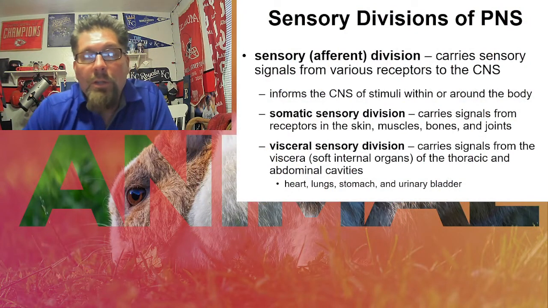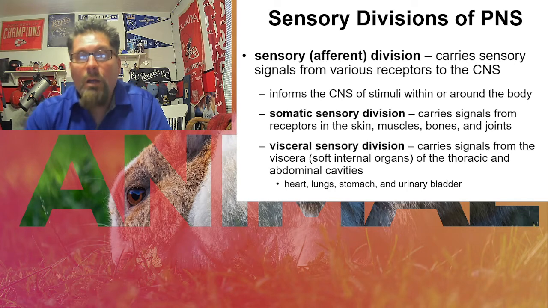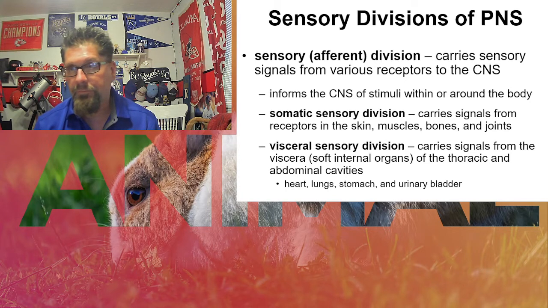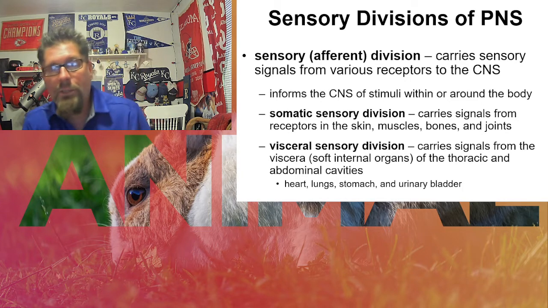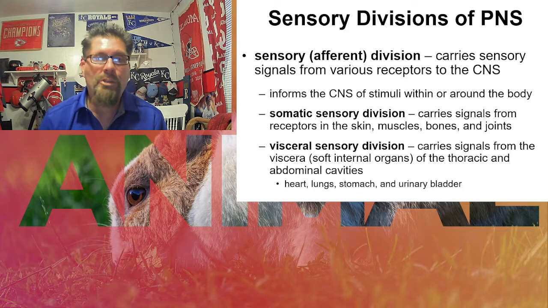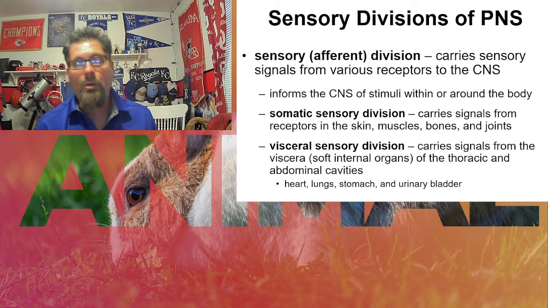Now, even inside of those, if you're going to be sending the signal back out from, or I should say to, the central nervous system, that's got different pathways and different names. The somatic sensory pathway, that comes from skin, muscle, bone, anything not an organ for the most part.